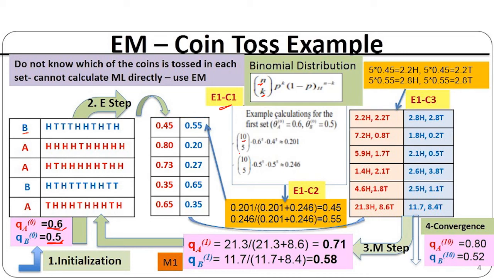Out of that, 5 are heads. By substituting into the formula, the probability of getting the head, which is 0.6 as I selected here, is 0.6 to the power 5, multiplied by 1 minus 0.6, which is 0.4, to the power 5. If we simplify this value, we will get 0.201.